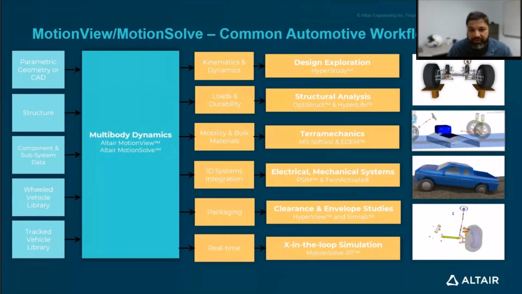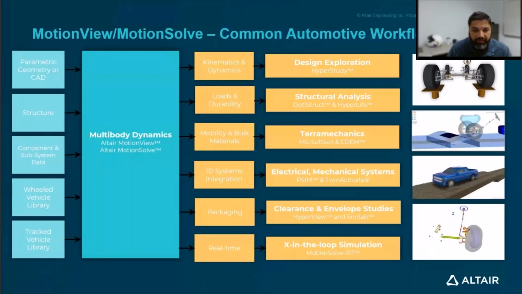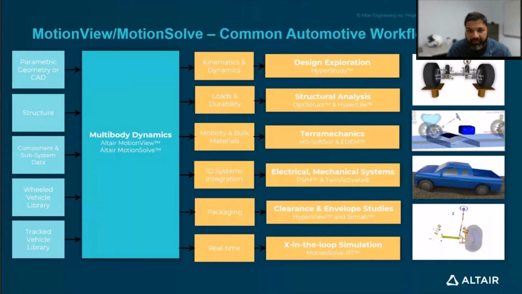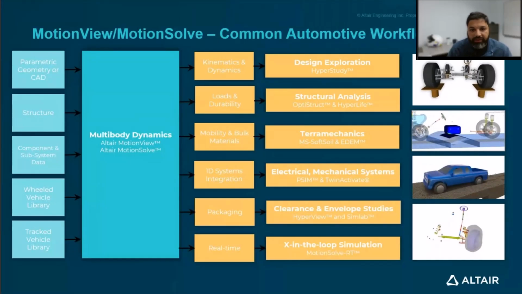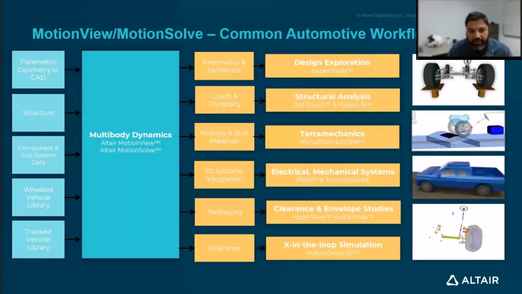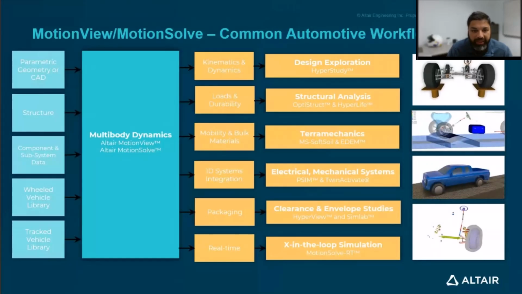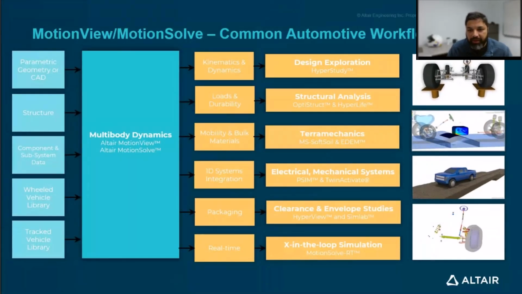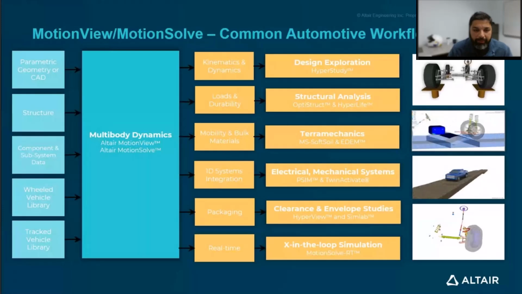And then 1D systems. Whether it's for controls, or for modeling things like active controls, active chassis components, etc., we have Twin Activate, which is Altair's 1D tool. And then another common workflow is packaging studies.